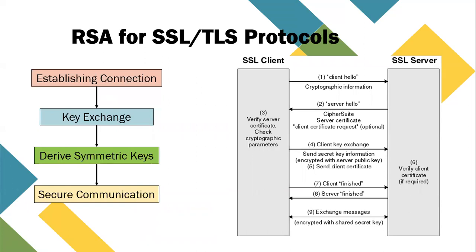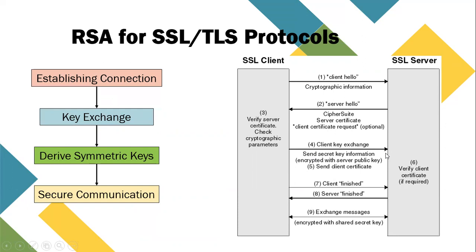After verifying it, it will create a random pre-master secret key and encrypt this key using the public key which was sent by the server. After the key has been encrypted, it will be sent to the server.